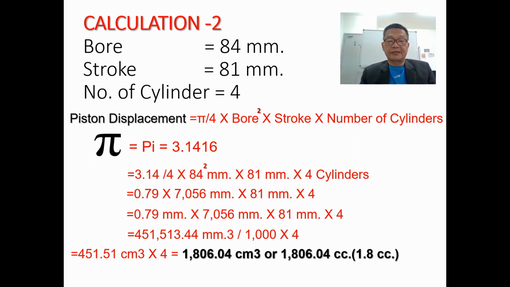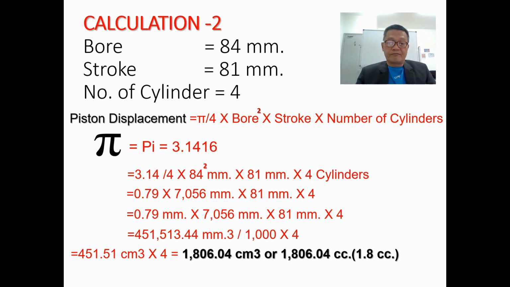This is another example of the calculation. If the bore is equal to 84 millimeters, the stroke is 81 millimeters and the number of cylinders is 4, what will be the piston displacement?